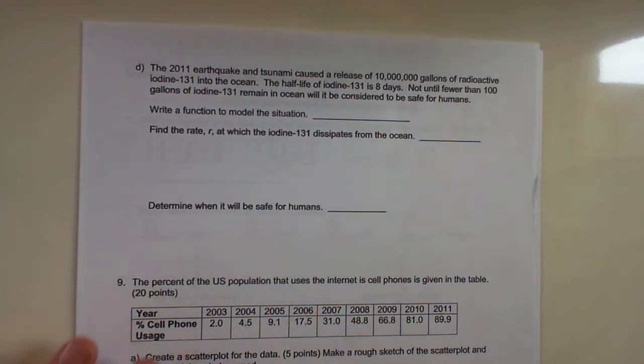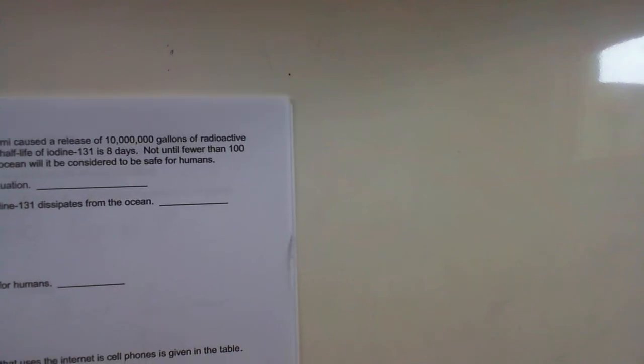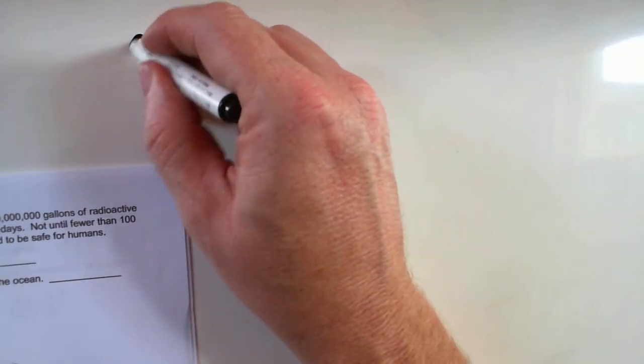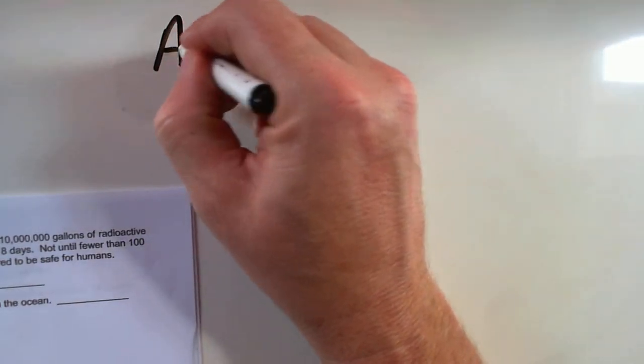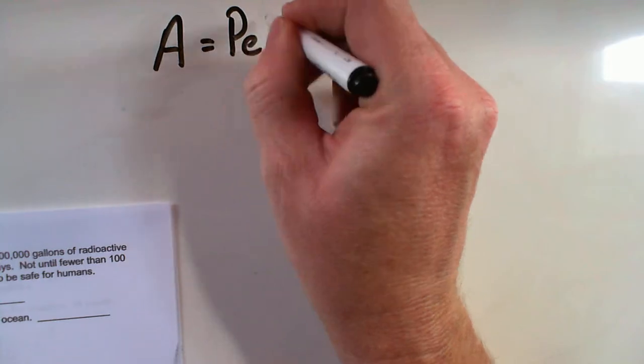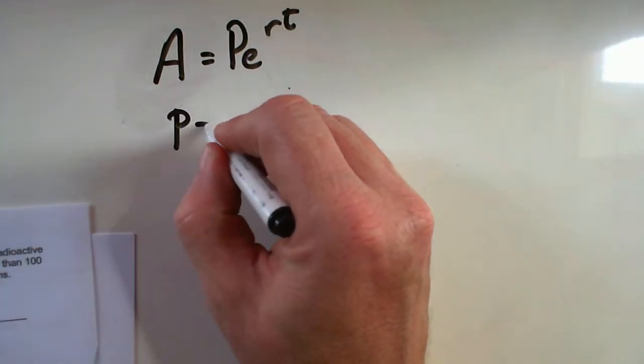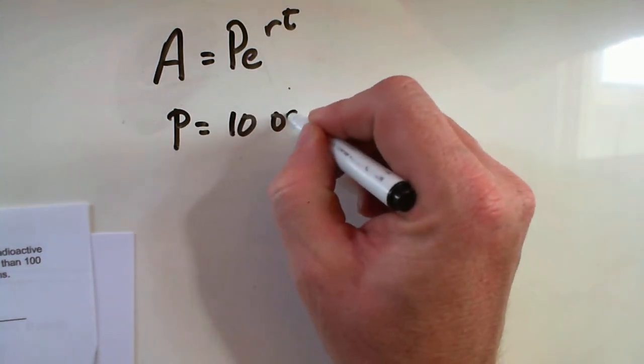All right, so what do we know? We know that we have an initial condition. This is one of those A equals P e to the rt problems. We know that our P is 10 million.